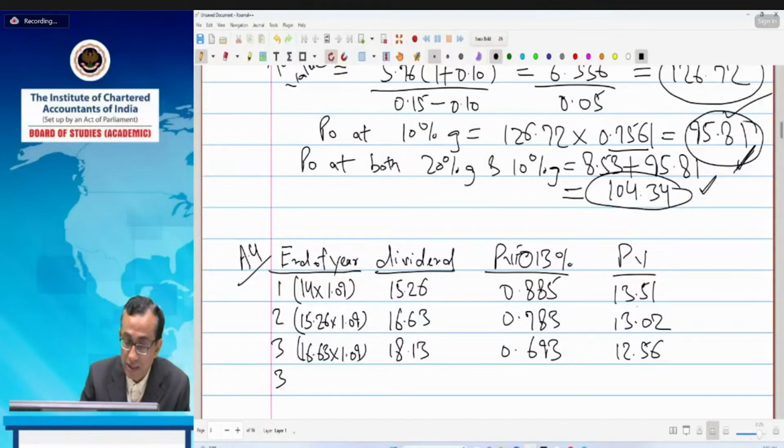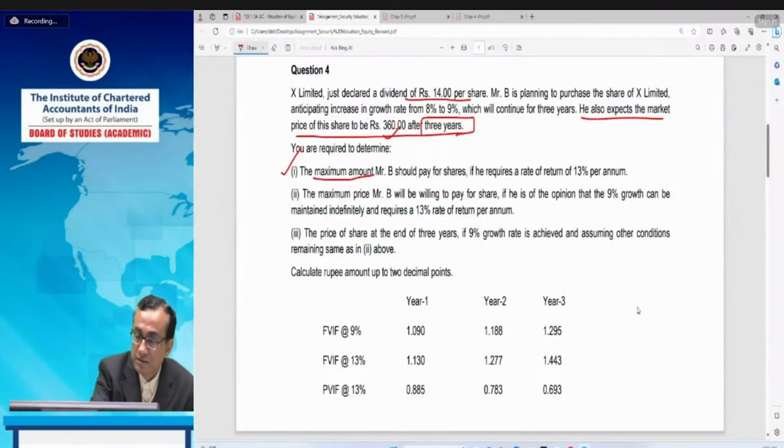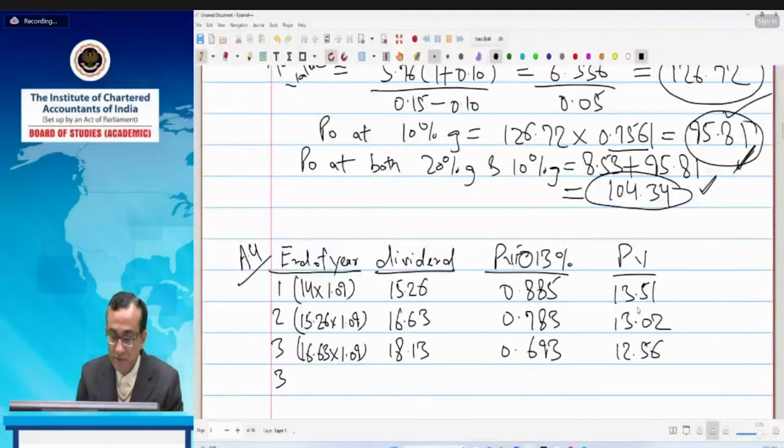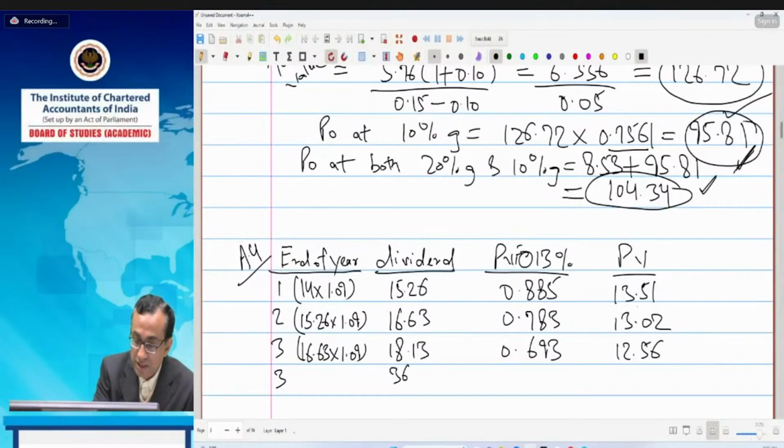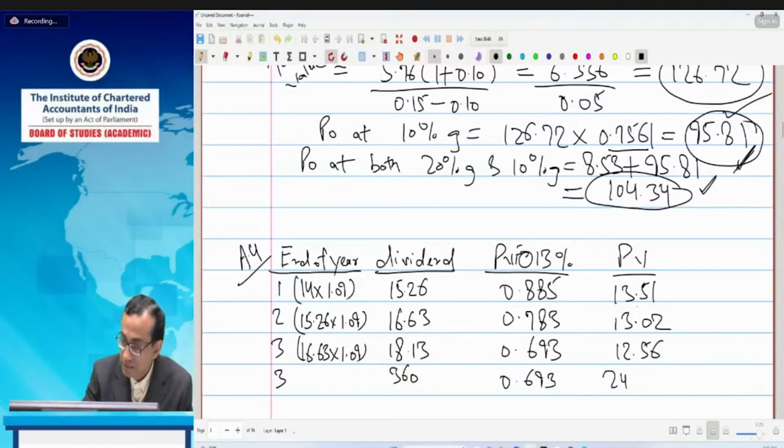Again, the 360, this figure is also to be considered. It is the market price at the end of the third year. The present value of this figure is also required to be calculated. So 360 multiplied by the present value factor of the third year. 360 multiplied by 0.693 comes to 249.48.